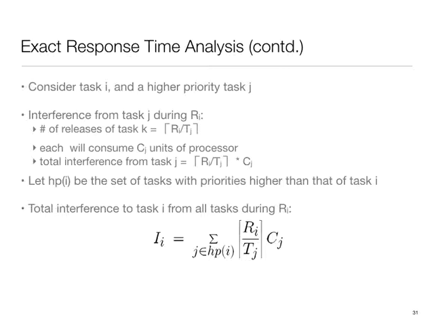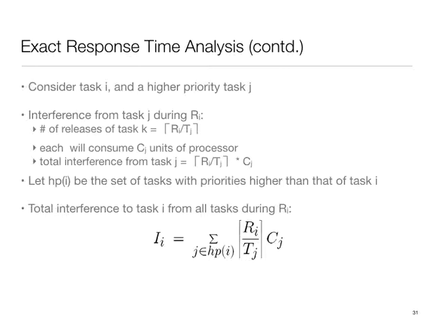And I have to play the same game for every high priority task in the system. So my total interference is going to be a sum over every task in the set of tasks which is higher priority than I, we are going to call it HP(i), of number of copies times the corresponding computation time. So we just take all these interference terms and that's the interference that the ith task will face.